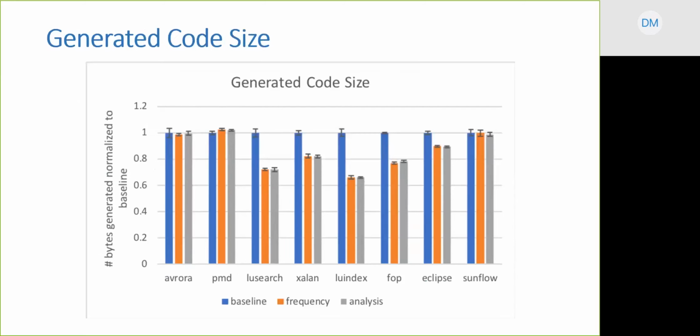Generated code size, lower is better. So it's generally producing smaller method bodies, managing to match the performance in a number of cases.